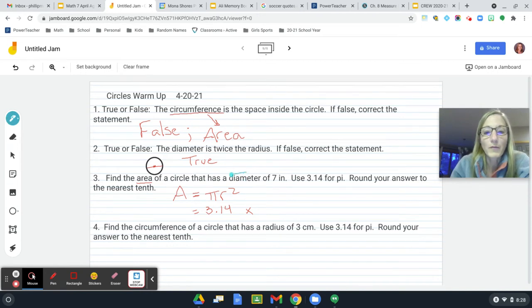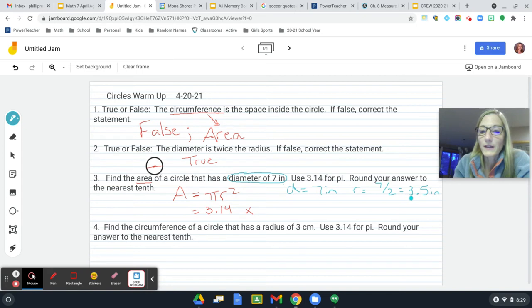So in the problem itself, it's telling us the diameter is 7 inches. So if the diameter is 7 inches, we need to be able to cut that in half to get the radius, which means diameter 7 inches, radius, we're going to do 7 divided by 2. And so then that radius is going to give us 3.5 inches. So the radius inside that circle, 3.5.